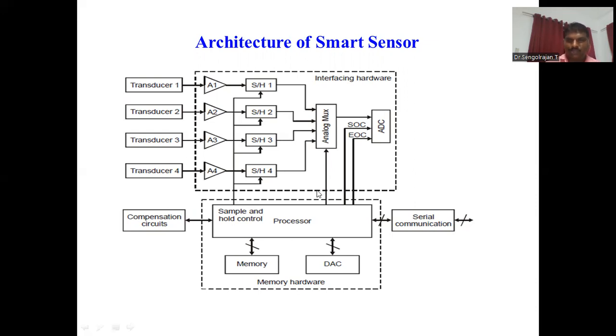Then from the multiplexer, it is given to the sample and hold circuit that is connected to the processor. From the processor, the temporary memory is stored in the stack, and it has a D2A, that is DAC. Then, on the left hand side, the compensation circuits.